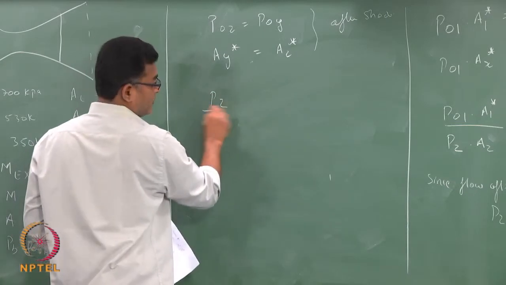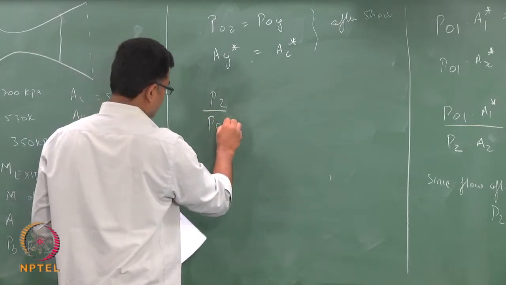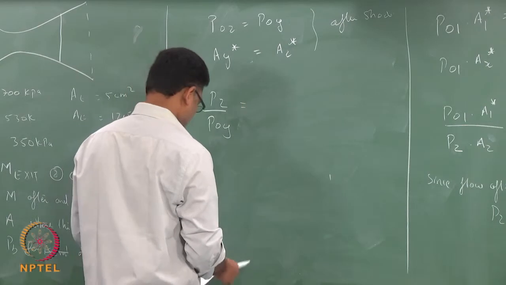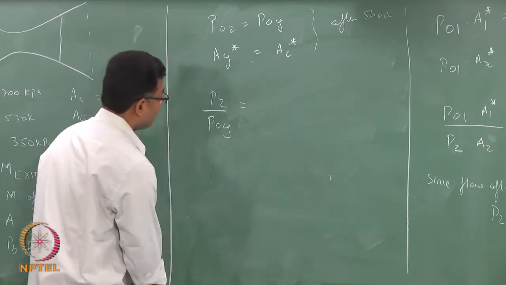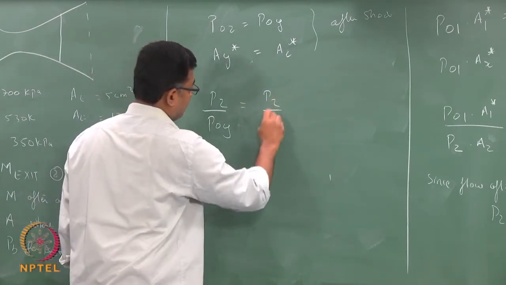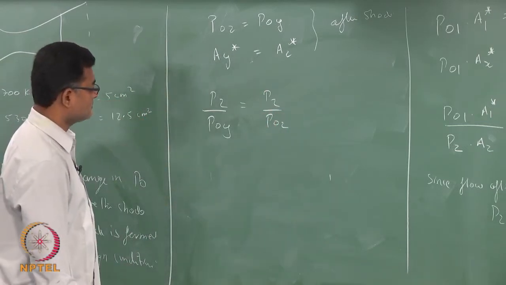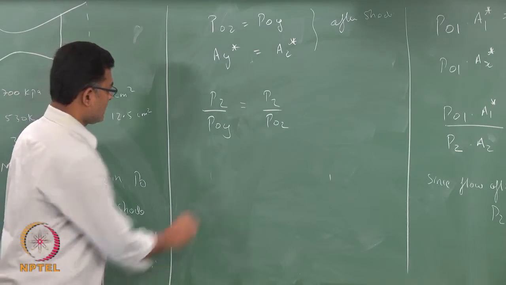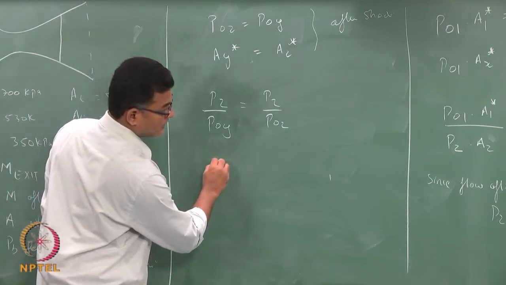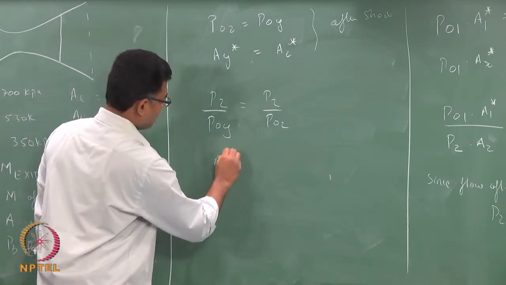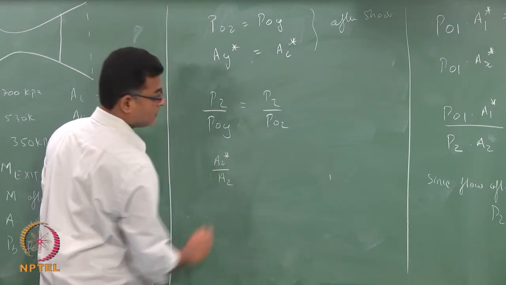So P2 by P0y is P2 by P02, and you have A2 star by A2.